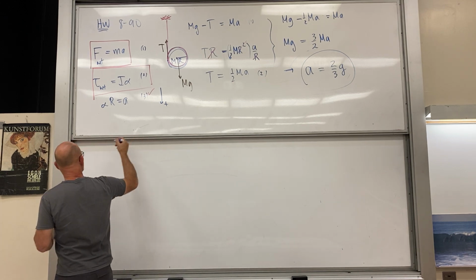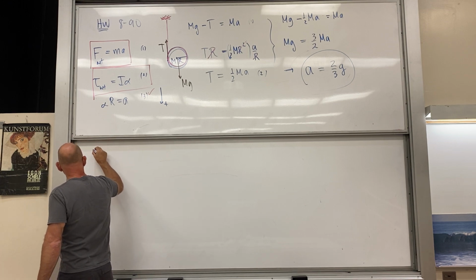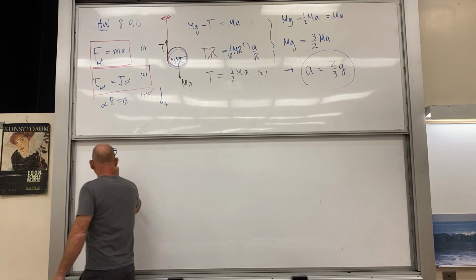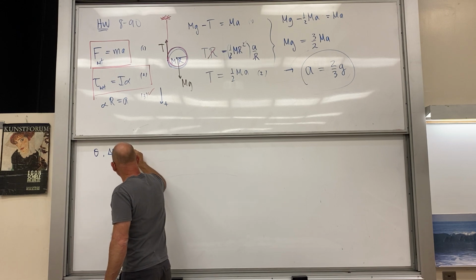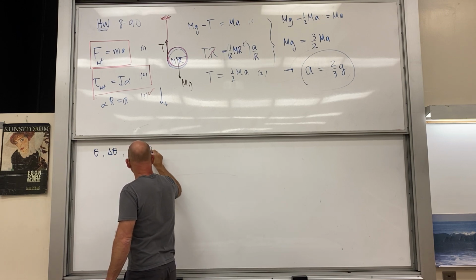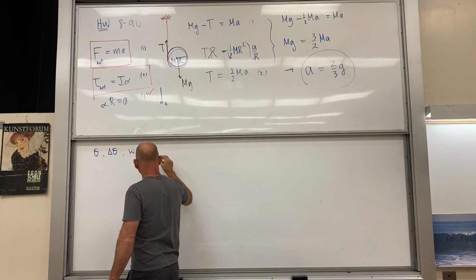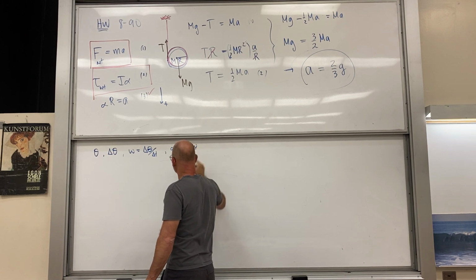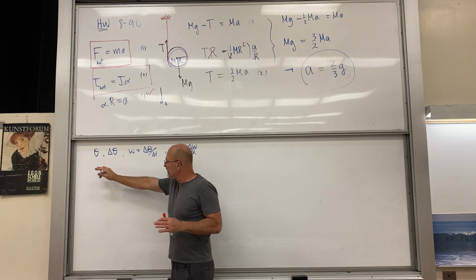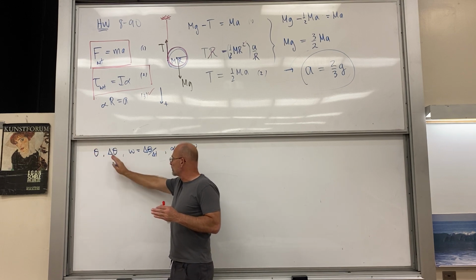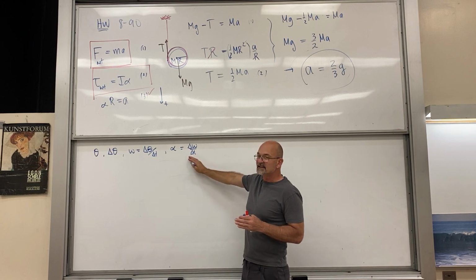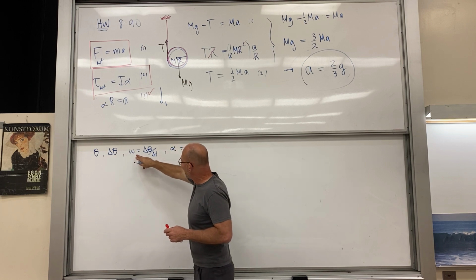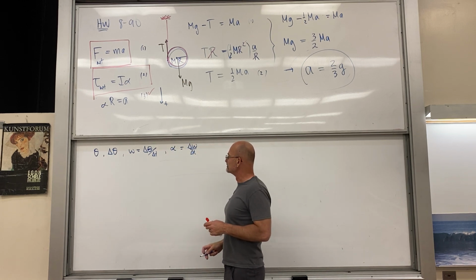We know there are linear versions of these equations, but we have angle, we have delta theta, we have omega equals delta theta divided by delta t, and we have alpha equals delta omega over delta t. And these were just created analogously to position, displacement, velocity, acceleration, except they're angular displacement, angular velocity, angular acceleration.